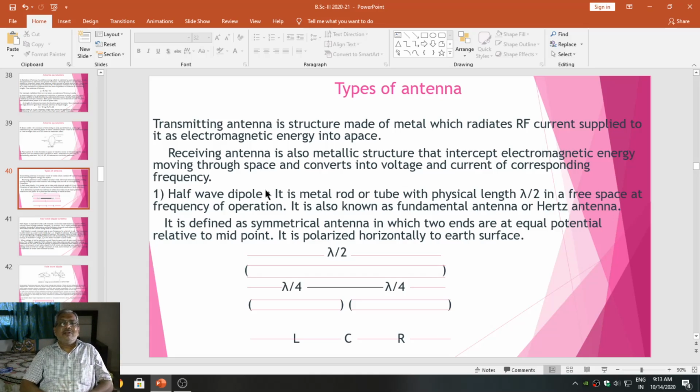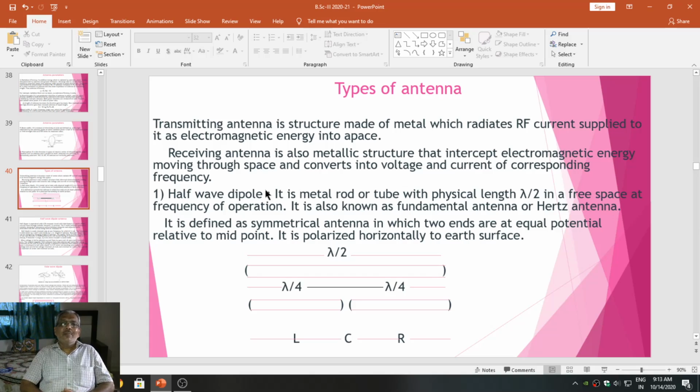Friends, 5 to 10 years back, almost all television sets, which act as a receiver, were connected with an antenna located on the top of the building, and that antenna contained a part known as the dipole.